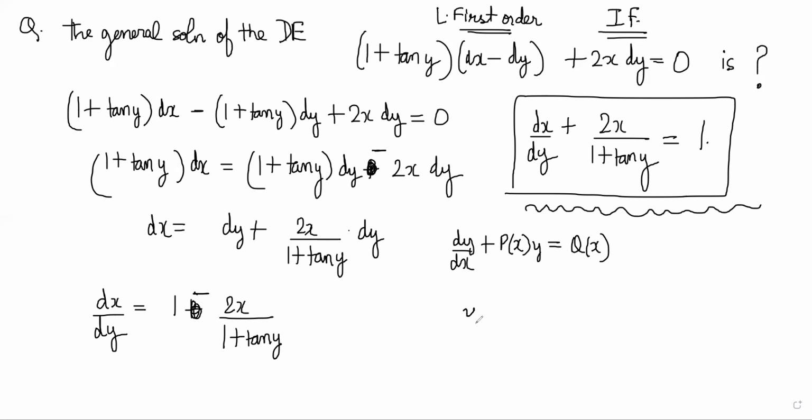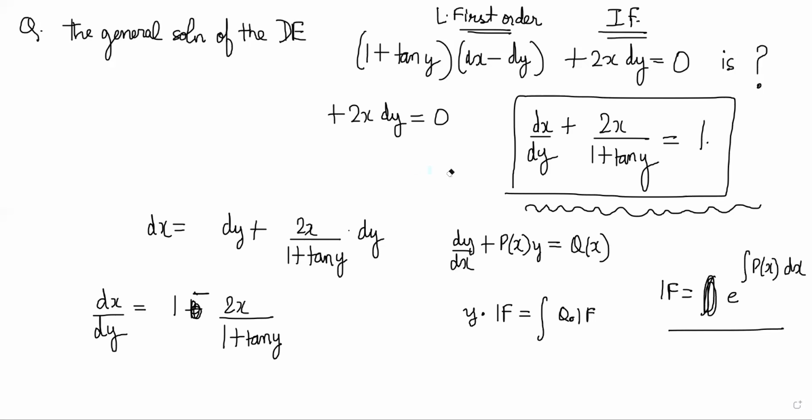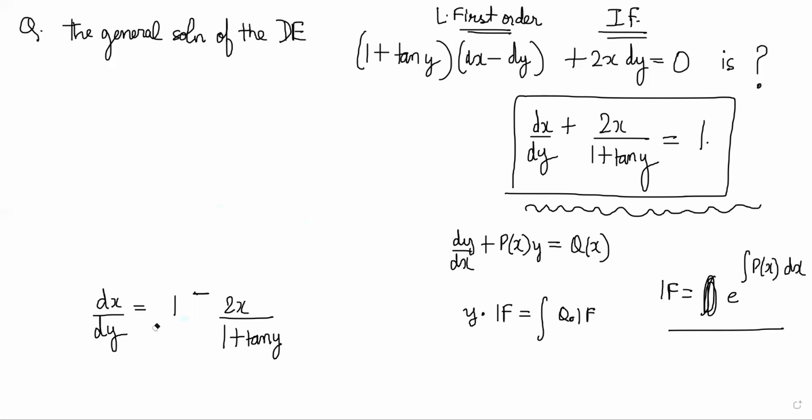And the answer used to be y into IF is equal to integral of Q into IF, where IF is e power integral of P(x) dx. In this case, x and y have been interchanged. So your answer will be x into IF would be equal to integral of Q into IF, where IF would be integral in terms of y.